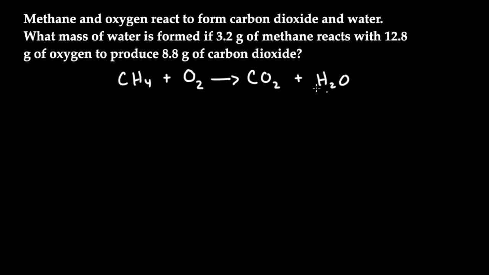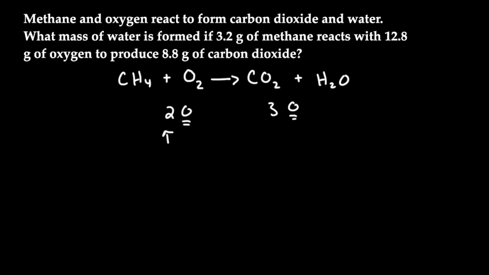And so what we need to do is balance this reaction. We can look here and see that I have two oxygen atoms on this side, and then I have two oxygens here and one oxygen atom here, so I'm going to have three oxygen atoms on this side. And so I need to add more oxygens to this side.